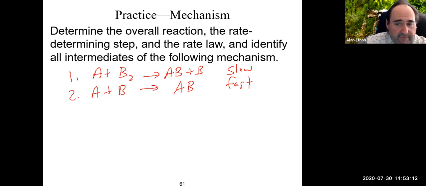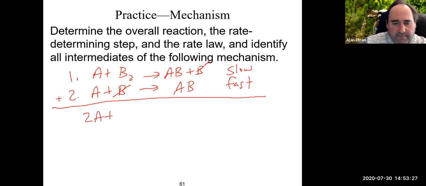So we'll start with the first one, which should be easy. Again, we're just going to add these together. In this particular case, it looks like B will cancel. And that looks like it. So that will give us 2A plus B2 goes to 2AB as our overall reaction.